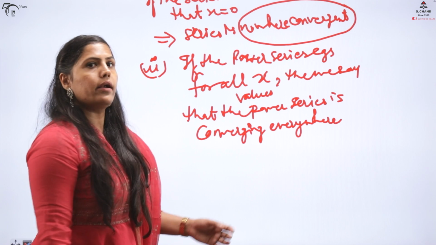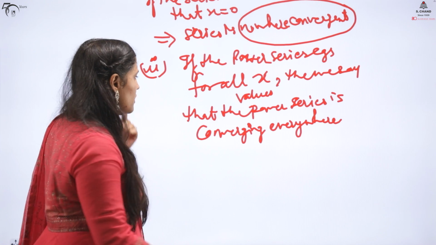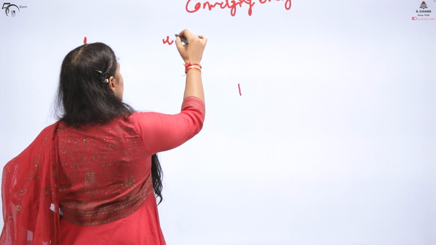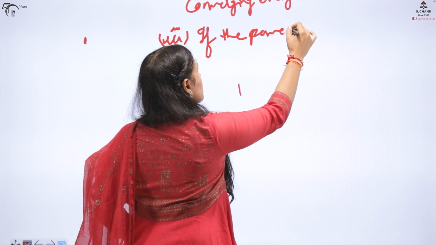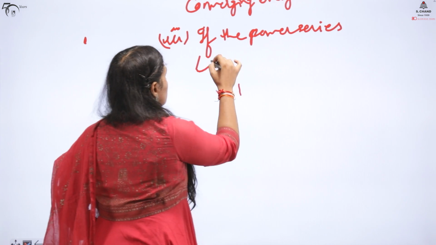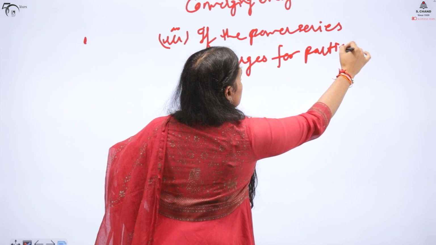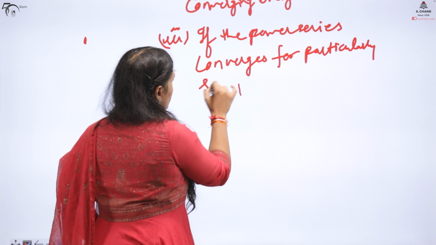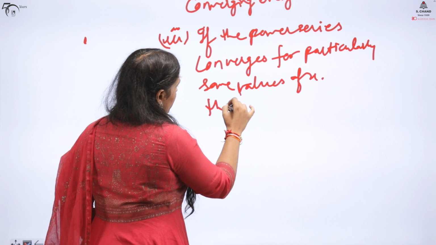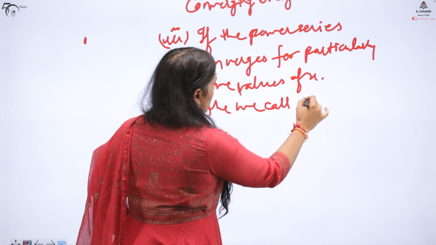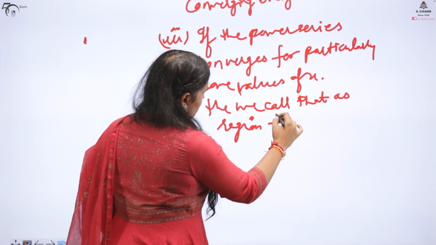Now the third point, it's not that other than x equal to 0 it is not convergent. Other than these two situations, there is another situation, and that is number 3: if the power series converges for some particular values of x, then we call that the region of convergence.